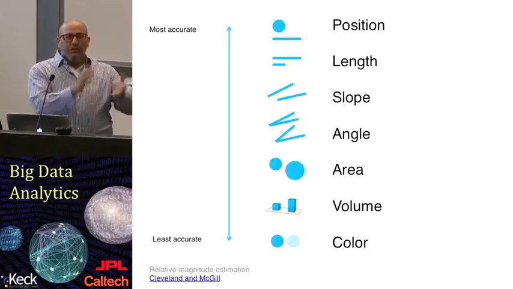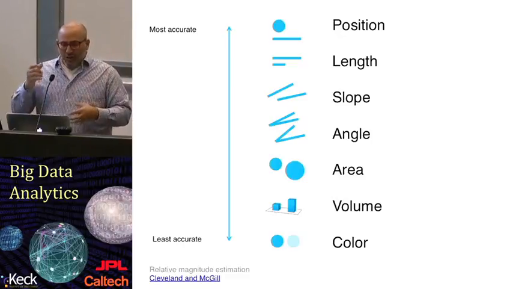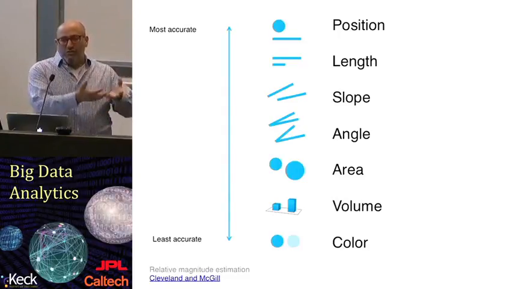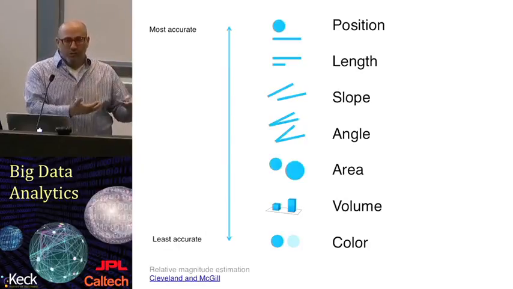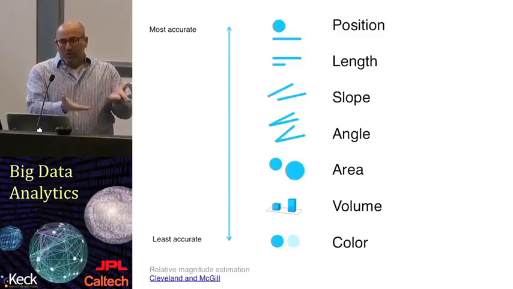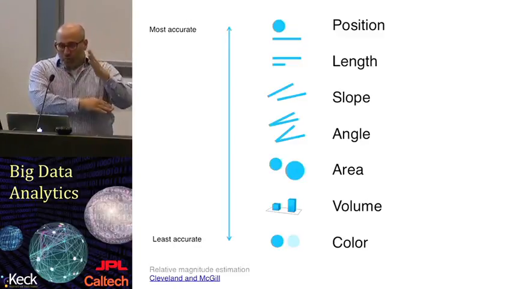And this is something that you see so very often in scientific visualization, that someone will make an example where they're trying to show difference in volume, where the same numerical difference would be much more clearly demonstrated by differences in length or in angle or in slope.